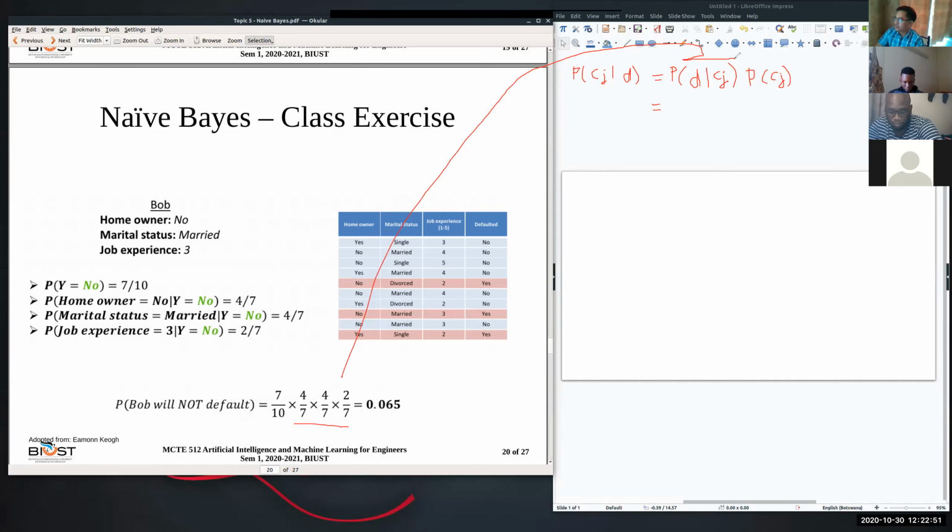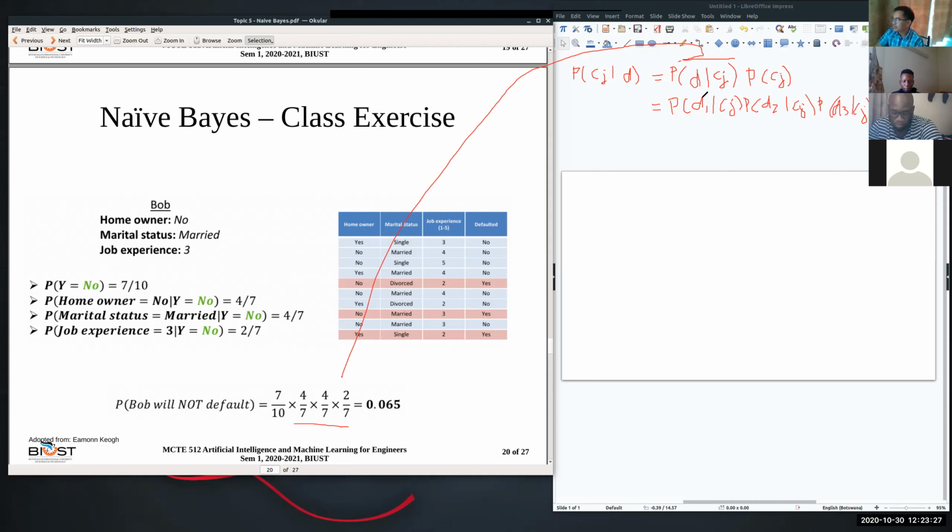Okay, because by chain rule dependency, we are saying that we can write this in each attribute: D1 given Cj, multiplied by the second attribute, D2 given Cj, multiplied by the third attribute given Cj.